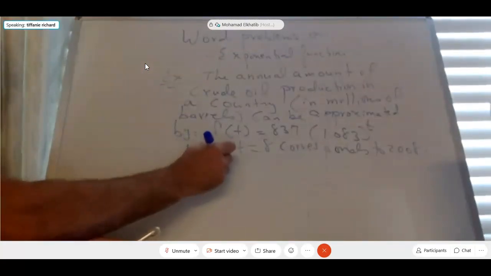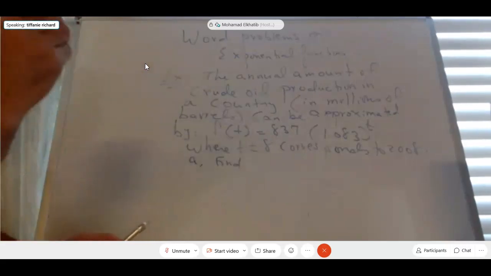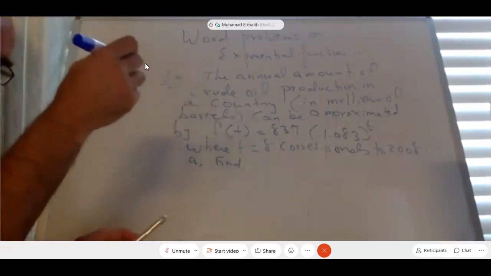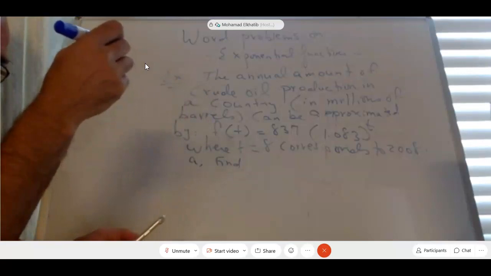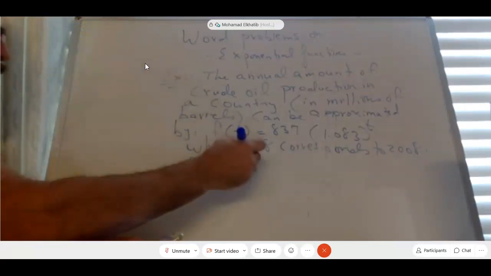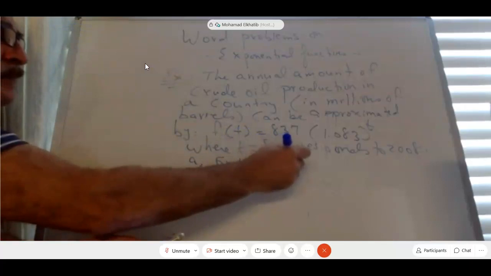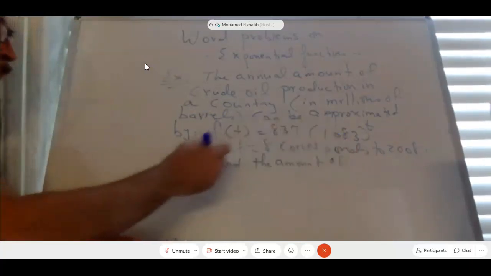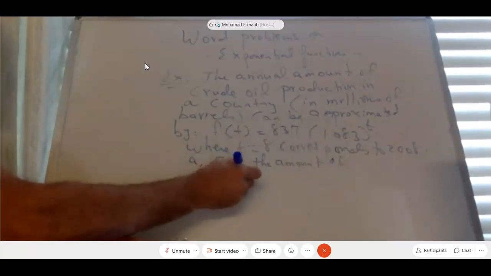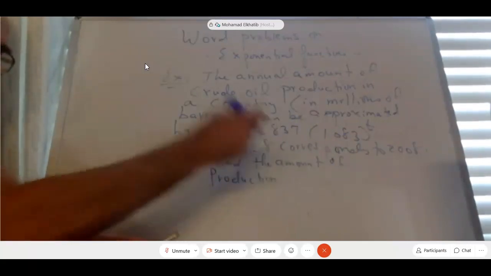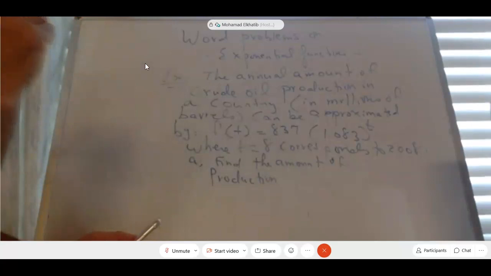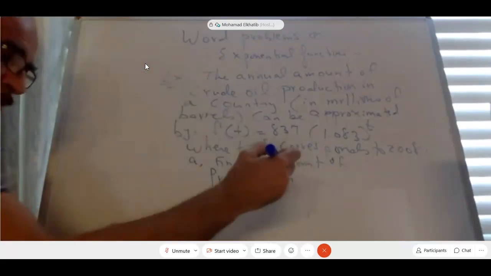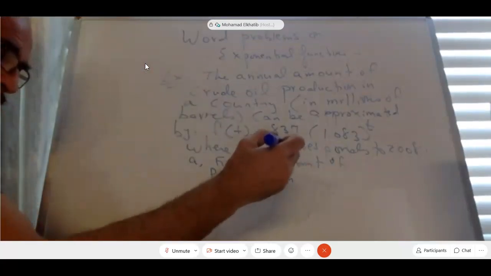Part A, find the amount of production in the year 2025.